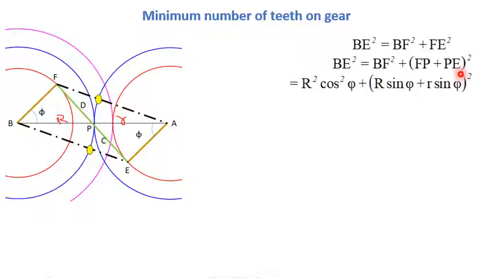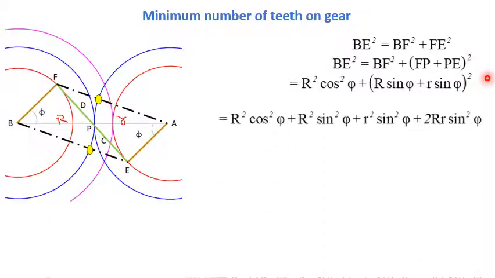PE, considering this triangle APE, is the opposite side, therefore small r sin phi, and we have the whole square.